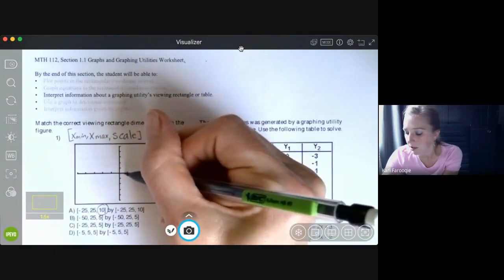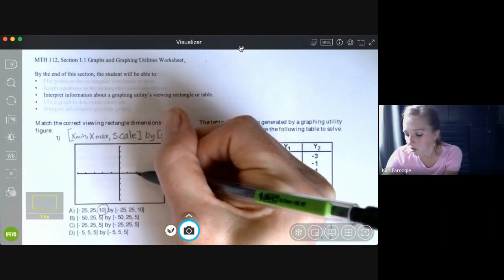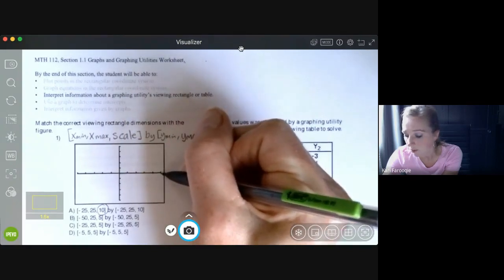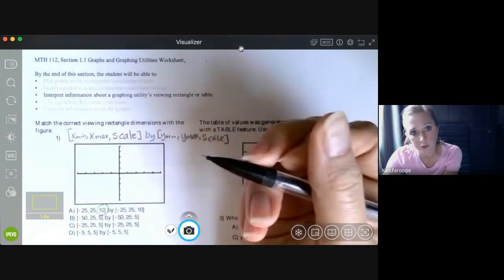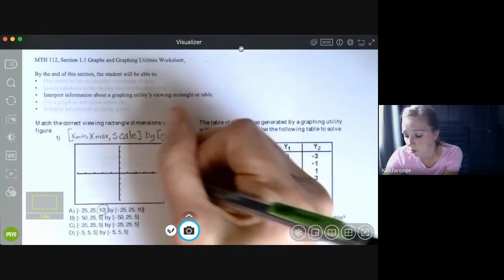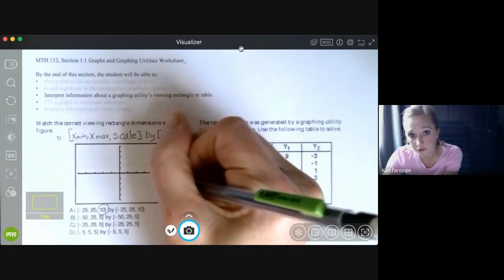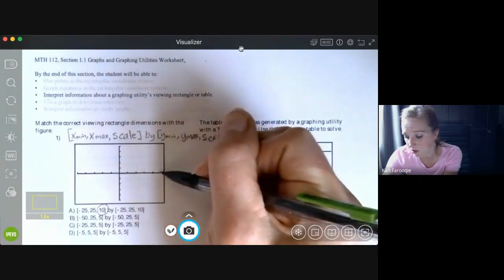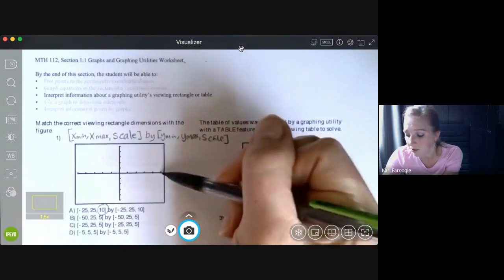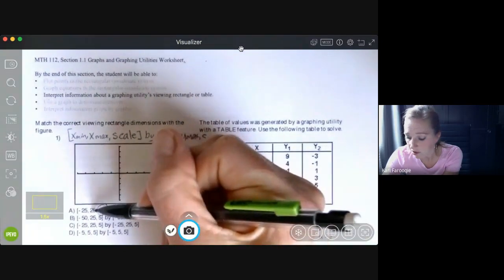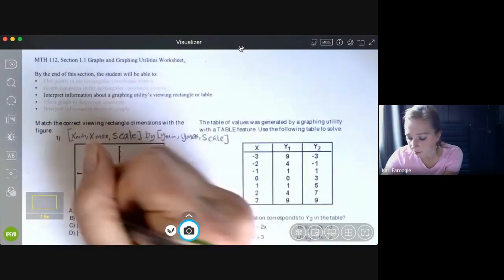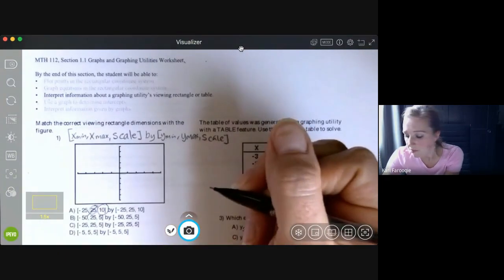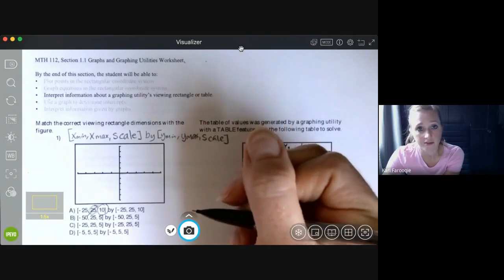You would know that after 1 tick mark, 2 tick marks, 3, 4, 5 tick marks, if each one of those tick marks represented 10 units, then you would be talking about 50 units on the x-axis as you work your way from the origin to the edge. Now, if that was the case, this number would not be correct. It's not 25, it wouldn't be. That's how you know that A is not your solution here.